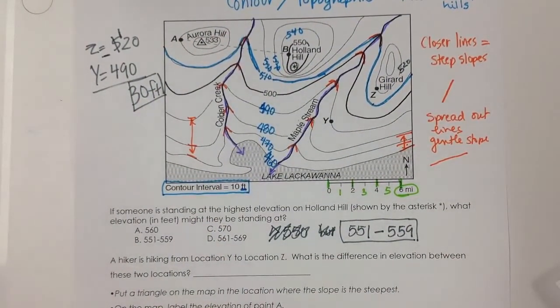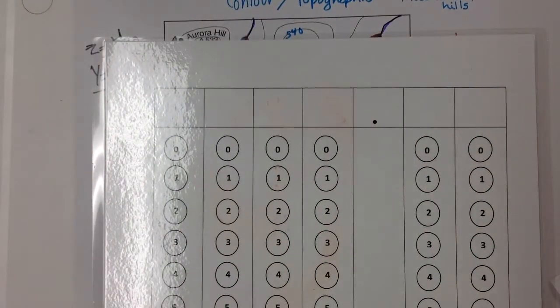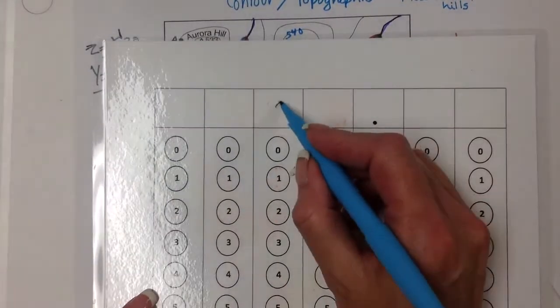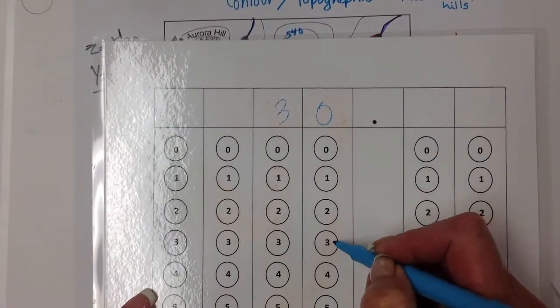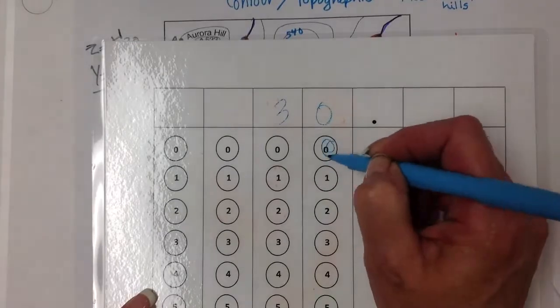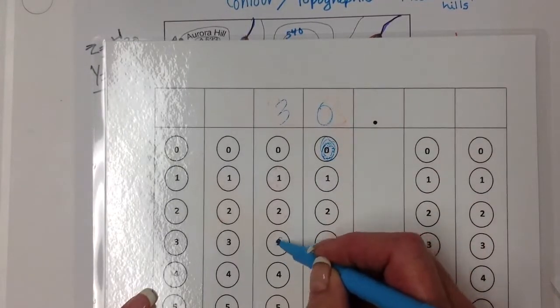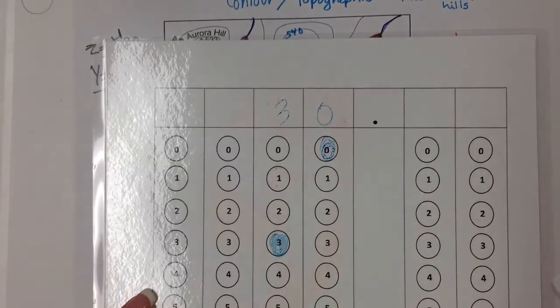If you had a griddable on that, that is a whole number. Make sure that when you grid that in, you put your 3, 0. You do not have to fill in the other zeros. You do have to bubble in your answer choices, and that would be 30 feet.